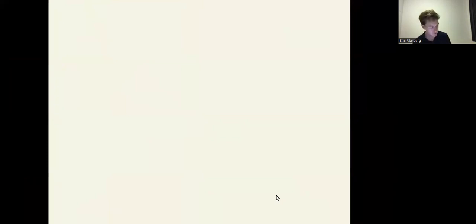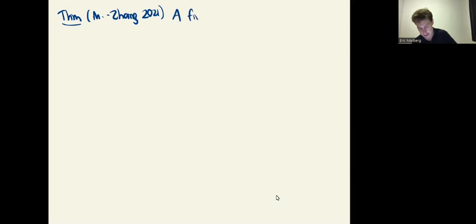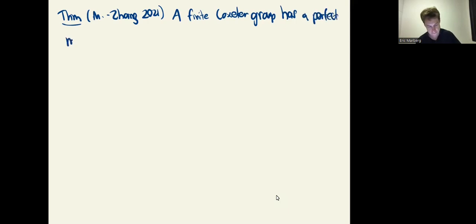Okay, so this brings us to the first main theorem. Now we have motivated this construction. The first theorem to state is the following sort of surprising fact, which is that a finite Coxeter group has a perfect model if and only if it has an involution model.